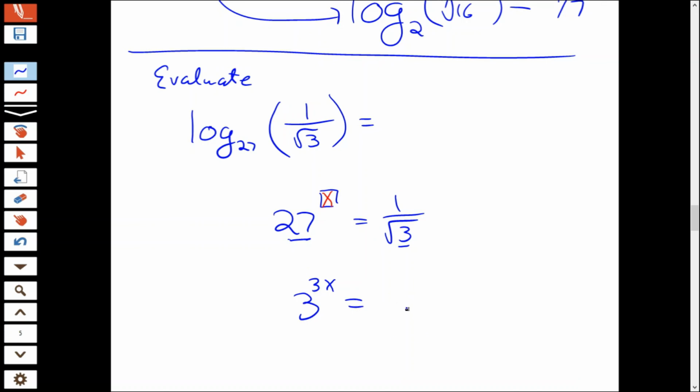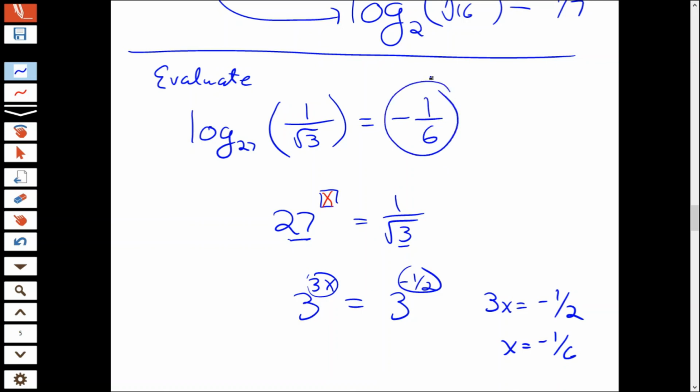And what's 1 over the square root of 3? That's 3 to the negative 1/2. Set the exponents equal, right? Because if the base is the same, the exponents have to be equal. We get 3x equals negative 1/2. X is going to be equal to negative 1/6. So log base 27 of 1 over the square root of 3 is equal to negative 1/6. And there you're done.